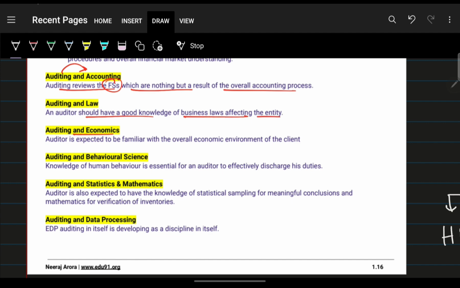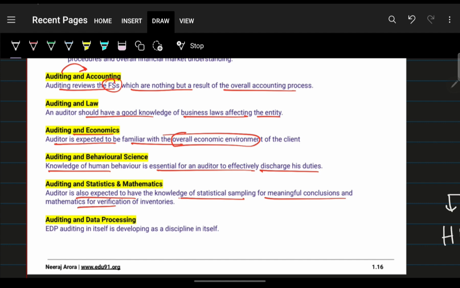Auditing and economics: the auditor is expected to be familiar with the overall economic environment of the client. Auditing and behavioral sciences: knowledge of human behavior is essential for an auditor to effectively discharge his duties. The auditor is also expected to have knowledge of statistical sampling for meaningful conclusions and mathematics for verification of inventories. So basically arithmetical accuracy, and here it is statistical accuracy.